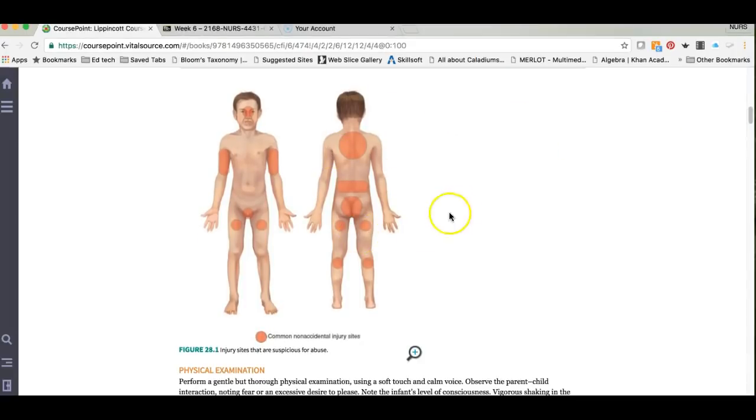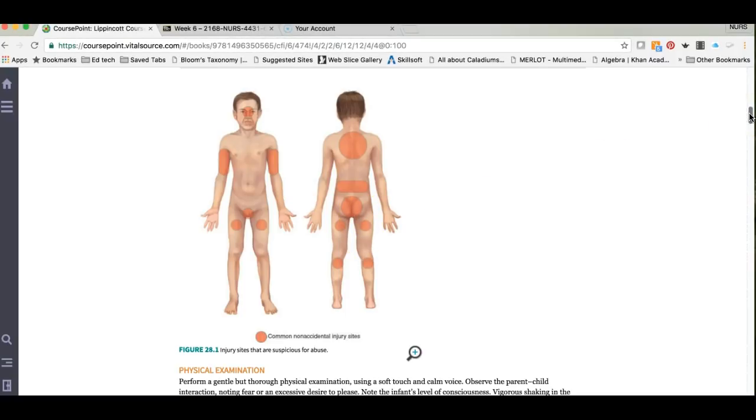All right, here are some sites of injury that might make your antenna go up if you see these. Burn. The only thing that's not highlighted here that I wish was the palms of the hands or the soles of the feet. Those are areas that if you see those burned, then that may be an intentional injury. Swatting them on the back, of course, bruises on their buttocks.